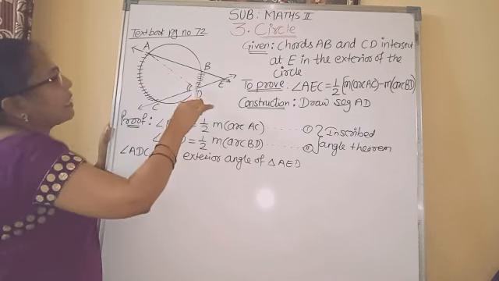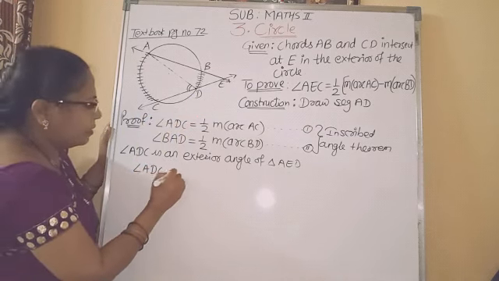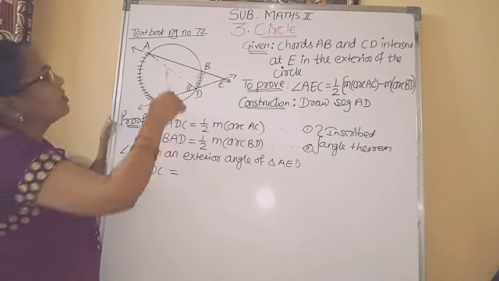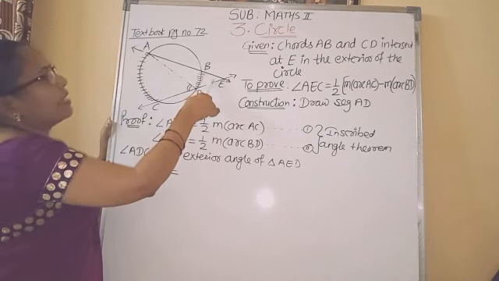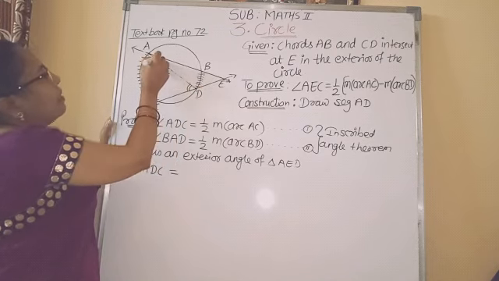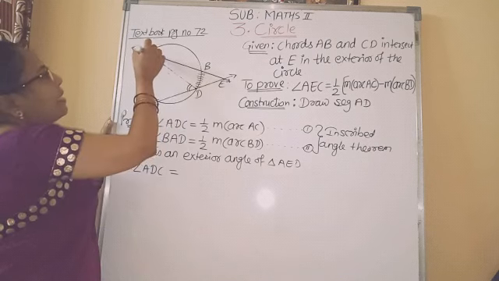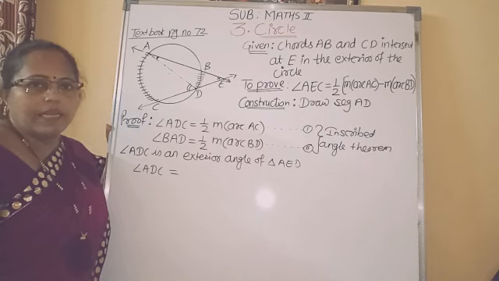That measure of this exterior angle, angle ADC, is equal to sum of remote interior angles. So which are remote interior angles here? Angle BAD, this angle, and angle AED, this angle. These two are remote interior angles.